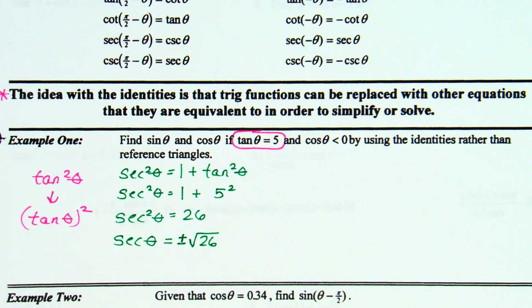Okay? With that in mind, which one is secant? Is secant theta equivalent to positive square root of 26 or negative square root of 26 based on the information given in the original problem?